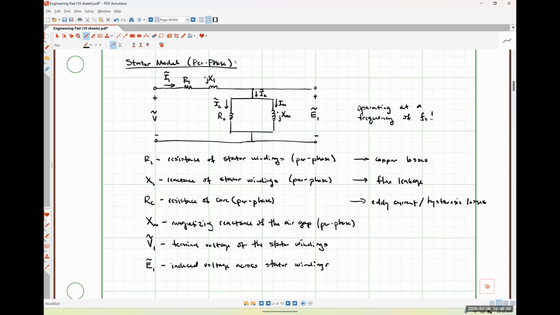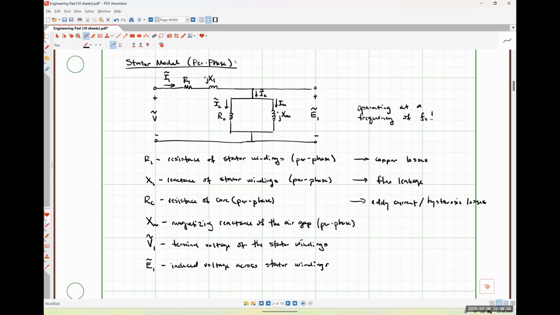I'm saying that very specifically because our rotor is going to be operating at a different electrical frequency, and we're going to have to figure out a way to take that into account when we put these models together, okay? So this is what's going on in our stator. This is identical to the primary side of a single phase transformer. The only real difference that we're going to see is the size of these parameters.